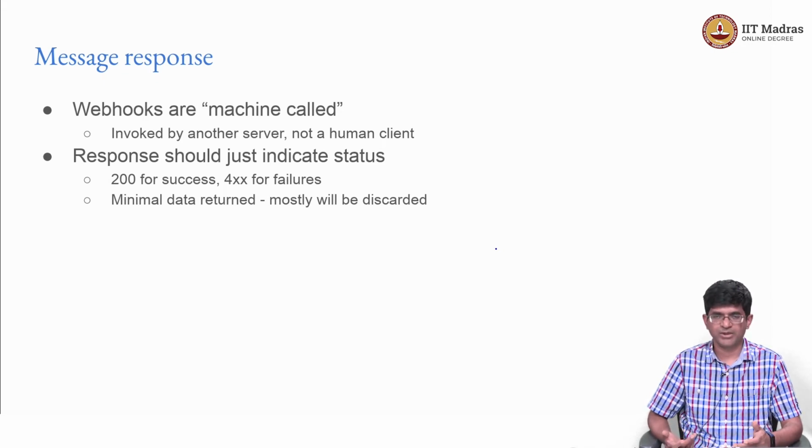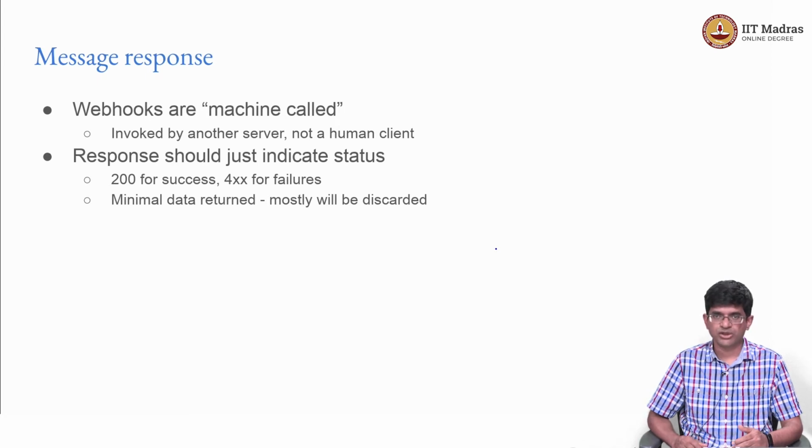Gitlab, for example, is pretty much going to ignore any data that you send back, right? But you might create your own webhook caller, which says that when I'm done with it, if you can send me back some information in JSON, that would be good. I will use that for my own logs, right? But that's to be avoided as far as possible. The whole idea of a webhook is it's a one-way message.